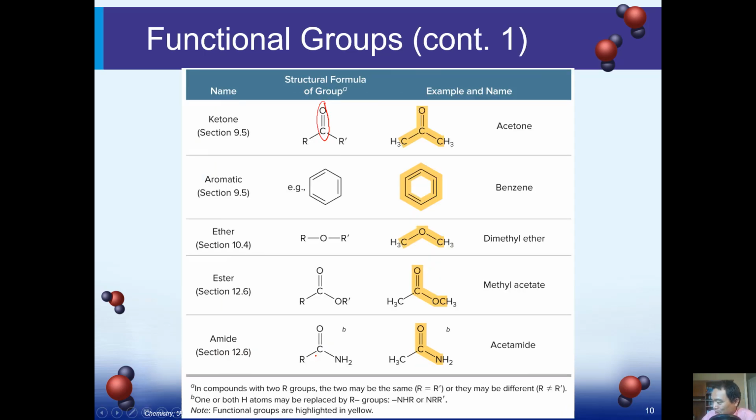When you look at ketone, it also has a CO double bond or carbonyl group. Okay, so the carbonyl group by itself does not tell you specifically what functional group that is. It is combined with how these groups are connected with the surroundings. Then you know what kind of functional group this is.